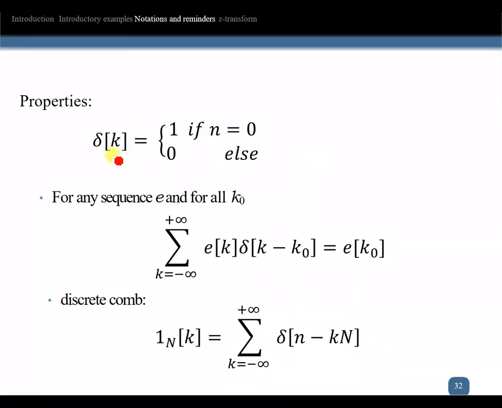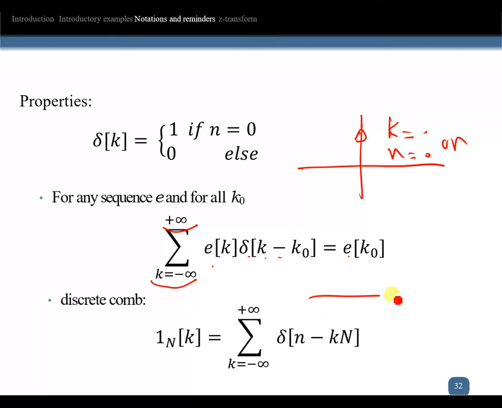The property is that the Dirac k will be 1 for n equal to 0, this is normal. If n or k is equal to 0, Dirac k will be 1. Or what before you called integration becomes here the sum over k from minus infinity to infinity of e(k) Dirac k minus k0, which becomes e(k0).